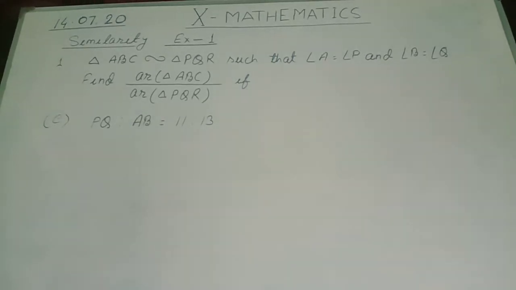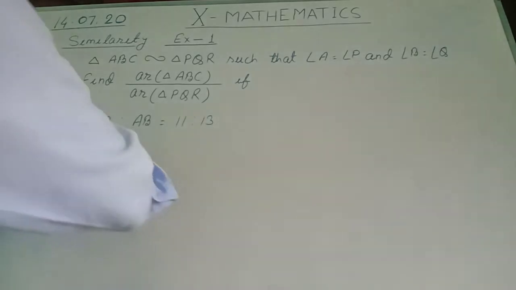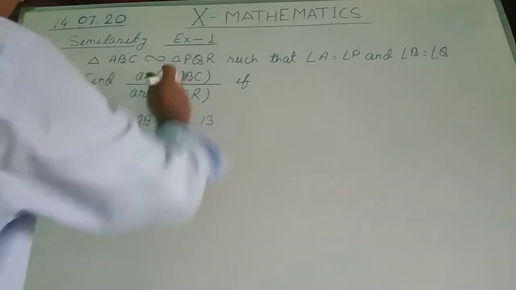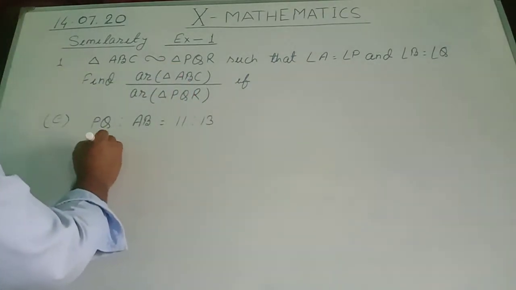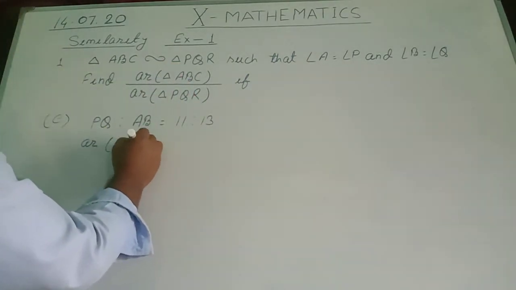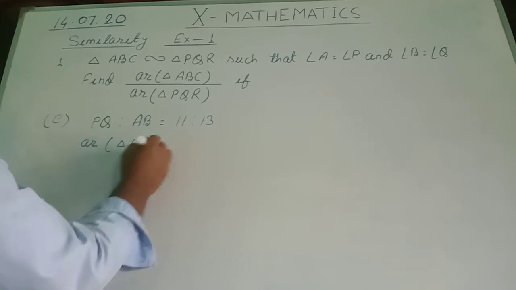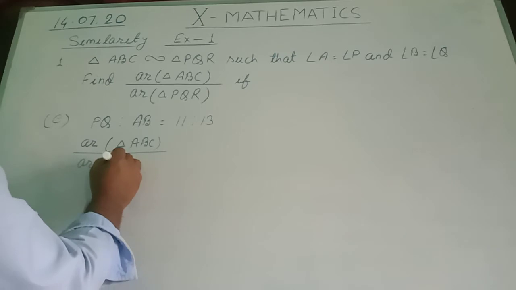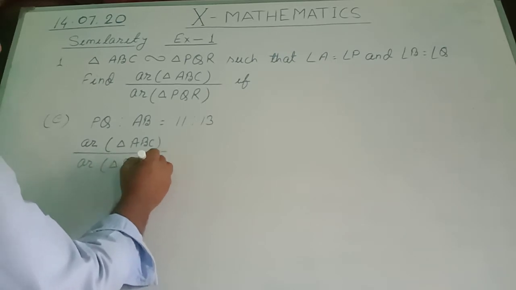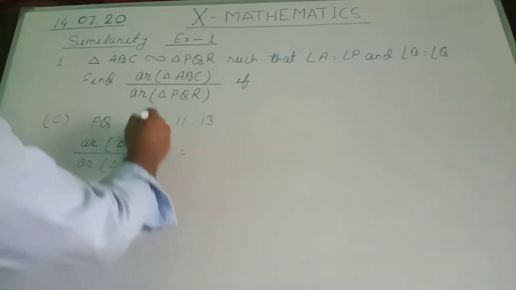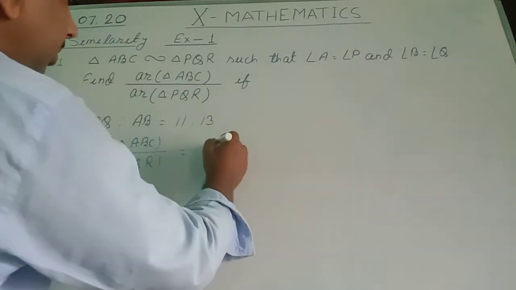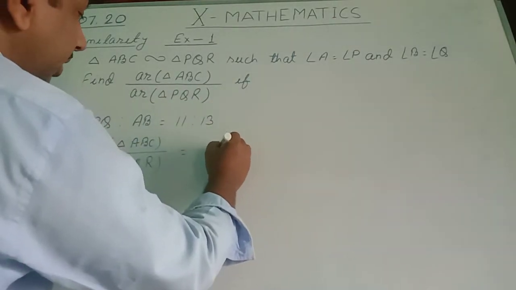In question number E, the ratio of these two corresponding sides is given as 11:13, and we are asked to find the ratio of the areas of triangle ABC by area of triangle PQR. As you know, AB is the side of ABC, so this 13 will be written as the numerator.